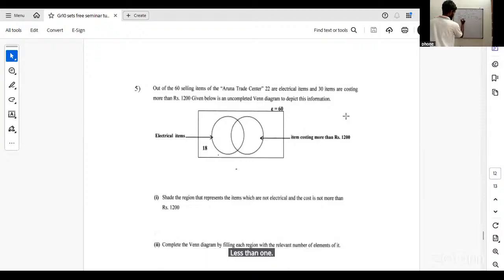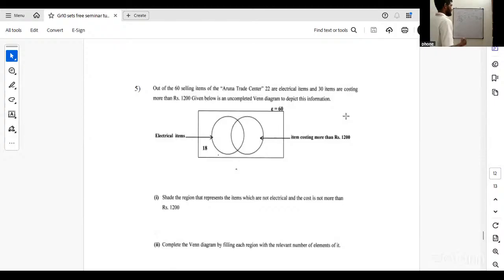Not costing there. Okay. Costing more. These are the items which are costing more than 1,000.